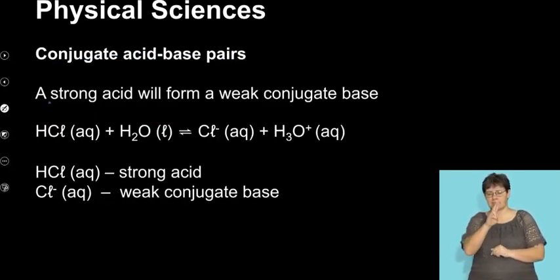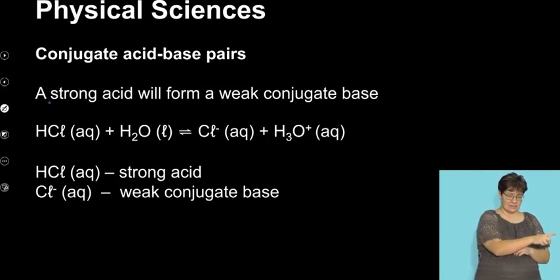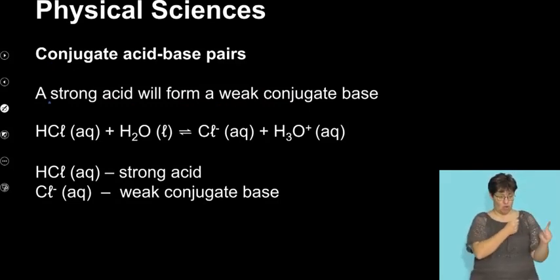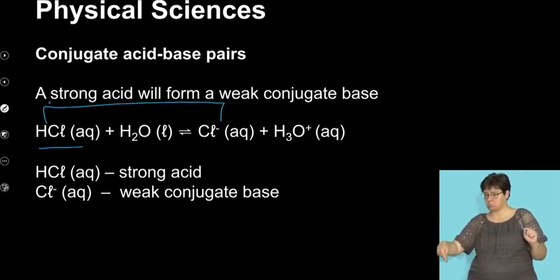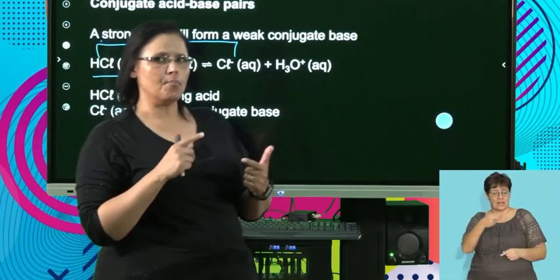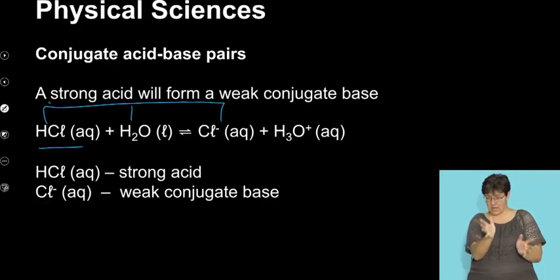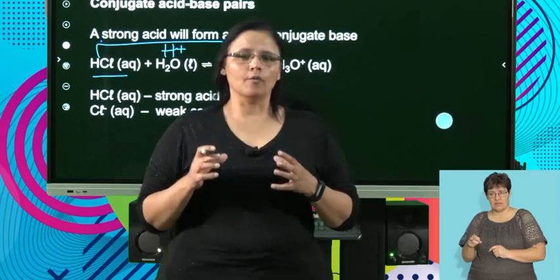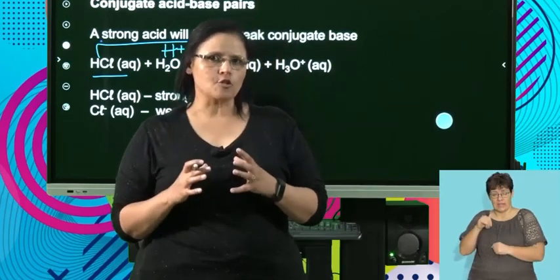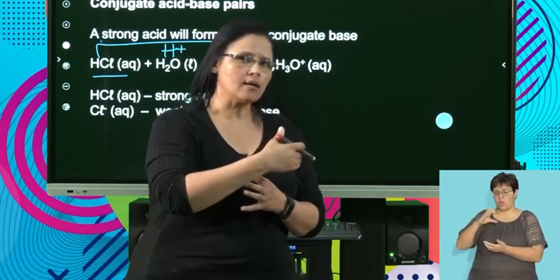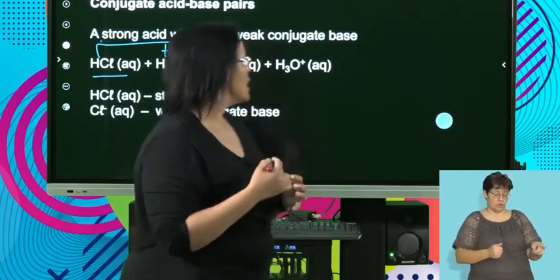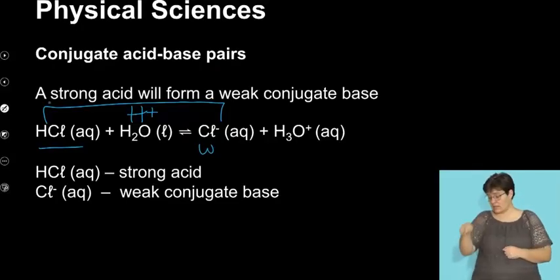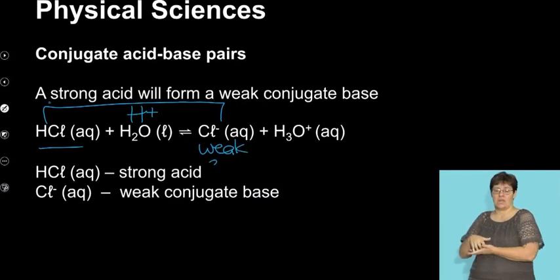Right, when we look at a strong acid, the conjugate base of the acid, remember, differs by one proton. And the strong acid will form a weak conjugate base. So this base that forms here is a weak conjugate base.